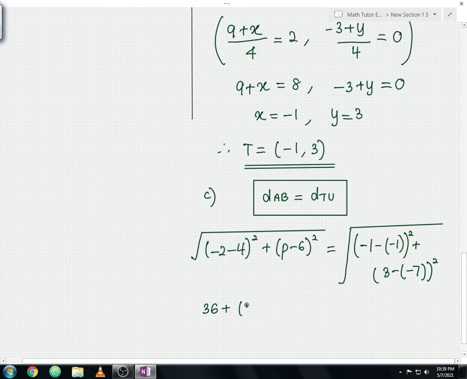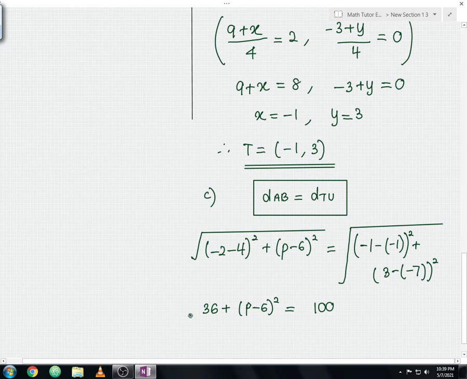So this one will be P minus 6 squared, and then equals to negative 1 minus negative 1 squared, so this one will be 0, so 0 squared will be 0. 3 minus negative 7, inside the bracket you get 10, so 10 squared you get is 100.